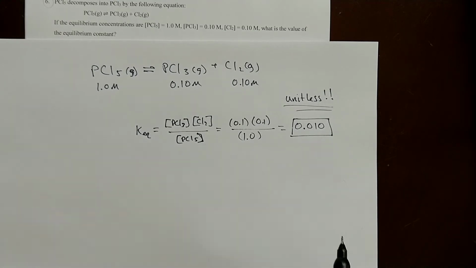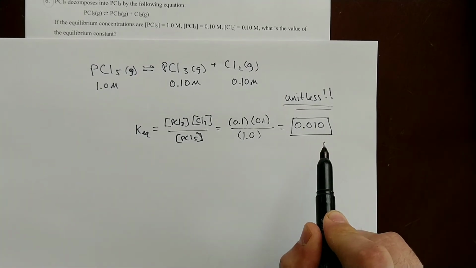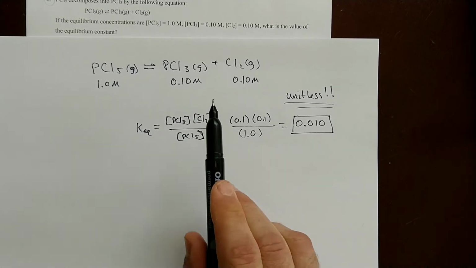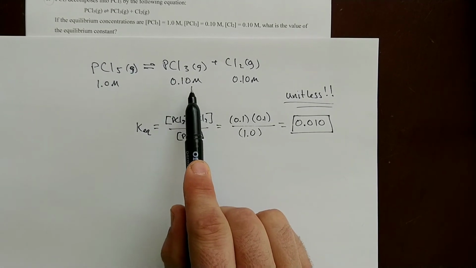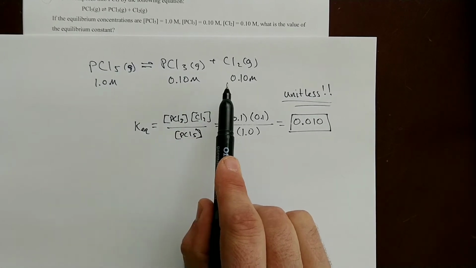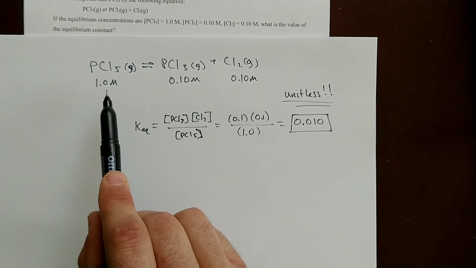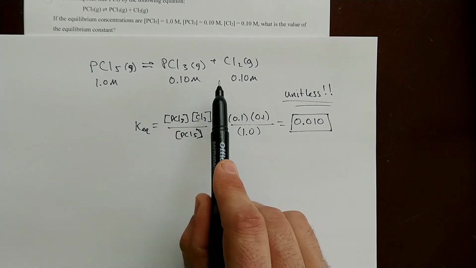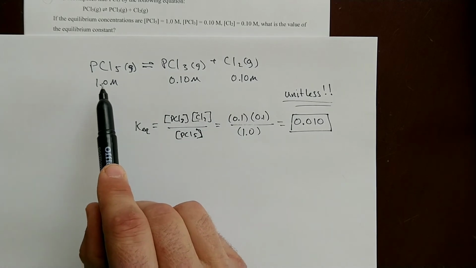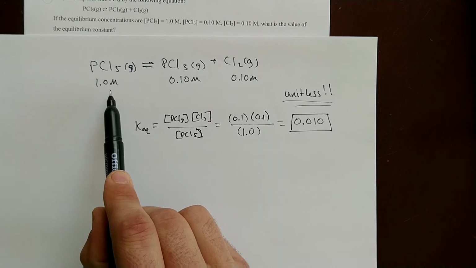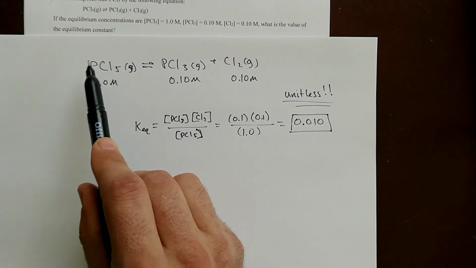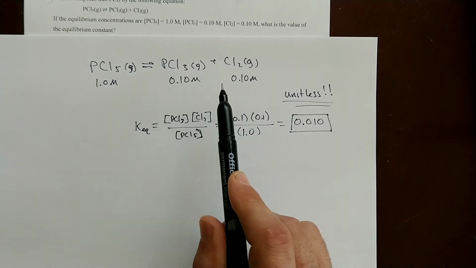So to see what that number means, and this is really why I want to make the case that this was a worthwhile process, you see that you took the molarities for the products and divided them by the molarities for the reactant at equilibrium. Looking at them here, you can see that these are smaller molarities than the reactants. So we would say this reaction favors the reactants. At equilibrium, there are more reactants present than there are products.